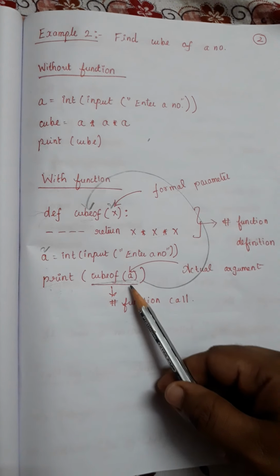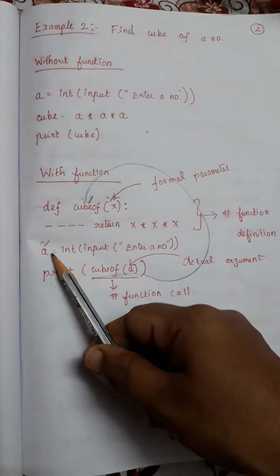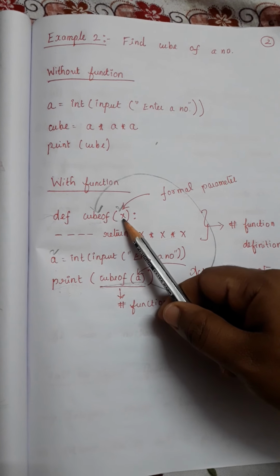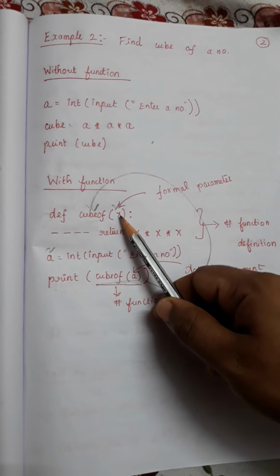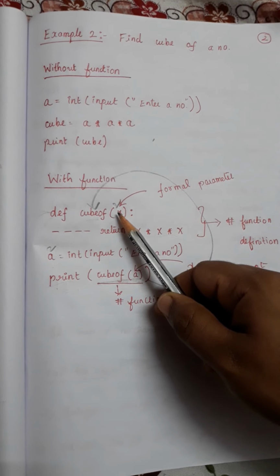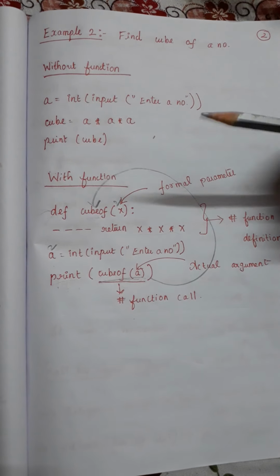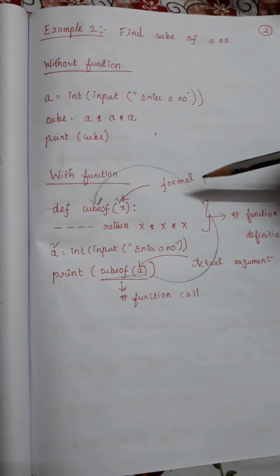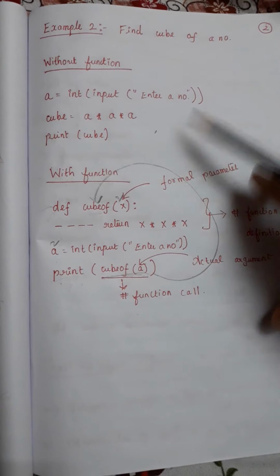So simply this a is the actual argument, that is the actual input we have got from the user. We are passing it to this particular function. Inside the function definition it is stored in x, right? So that x is called the formal parameter. You may be getting a question, what is the difference between an actual argument and a formal parameter? So better know this.